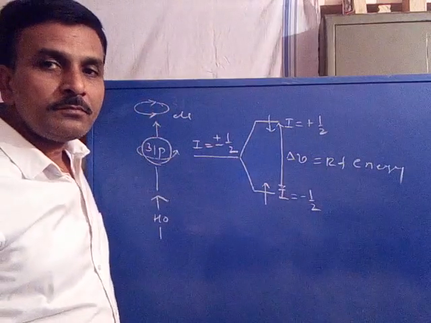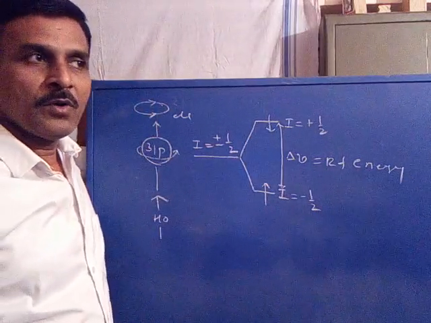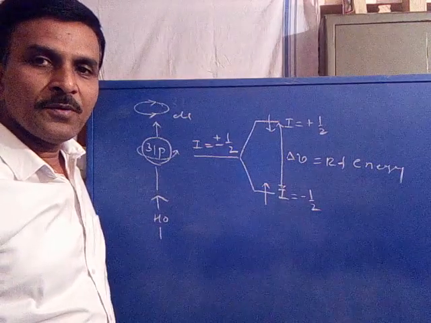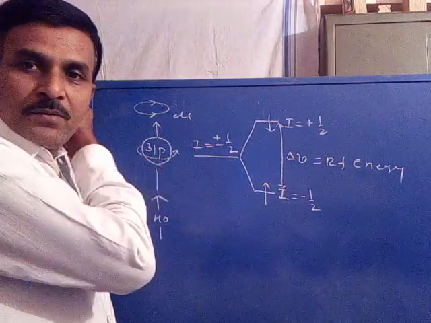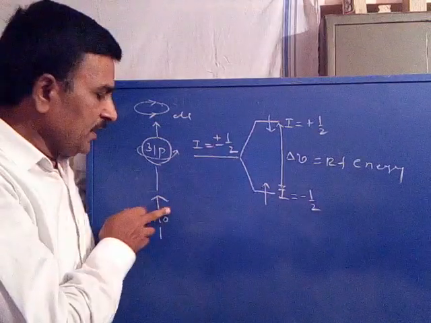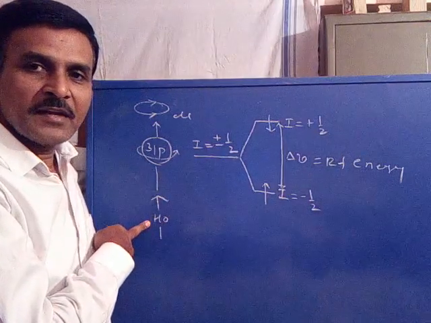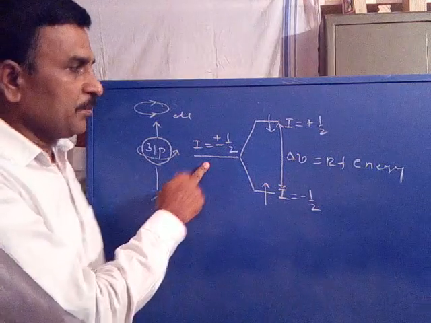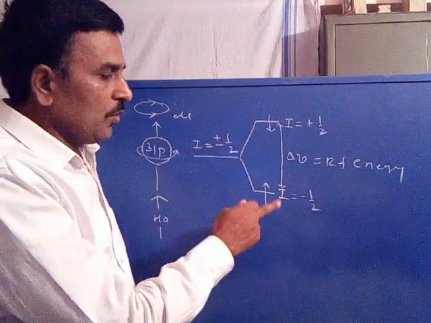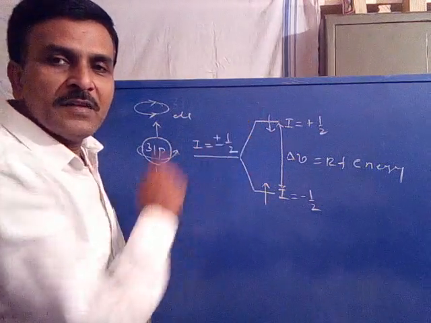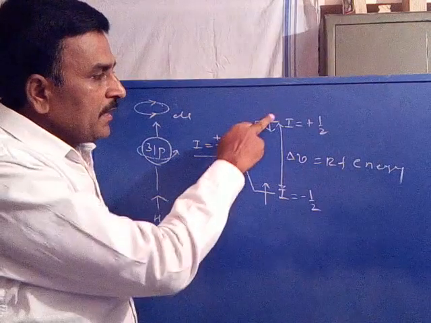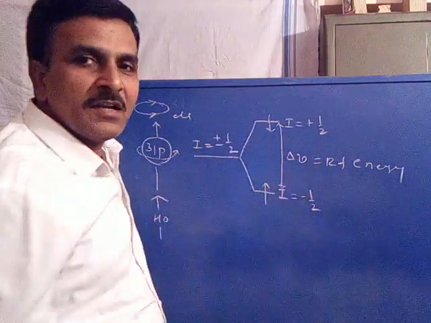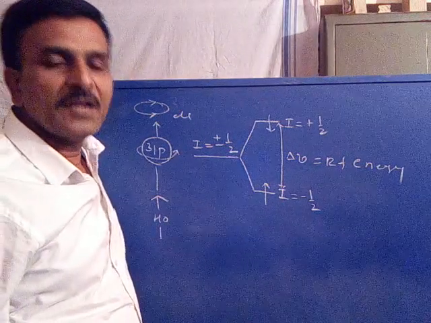energy. Now, similar to proton and fluorine nuclei, 31 phosphorus nuclei is also spin active. Hence, under the conditions of external magnetic field, its degenerated energy state is split into two energy levels, lower energy level and higher energy level. The energy difference between the two energy levels will be exactly equal to radio frequency radiation.